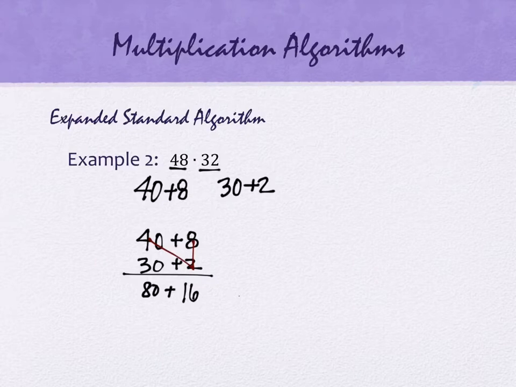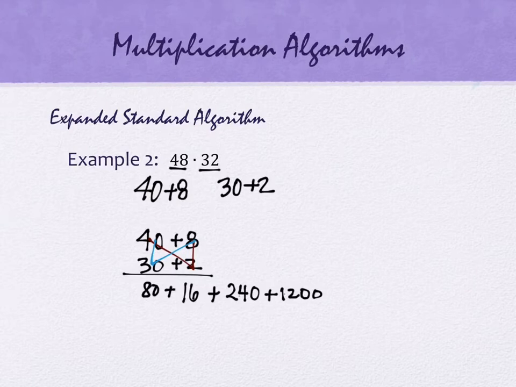We can do, let me change colors, 30 times 8. What would 30 times 8 be? 240. And we can do 40 times 30, which would be 1,200.